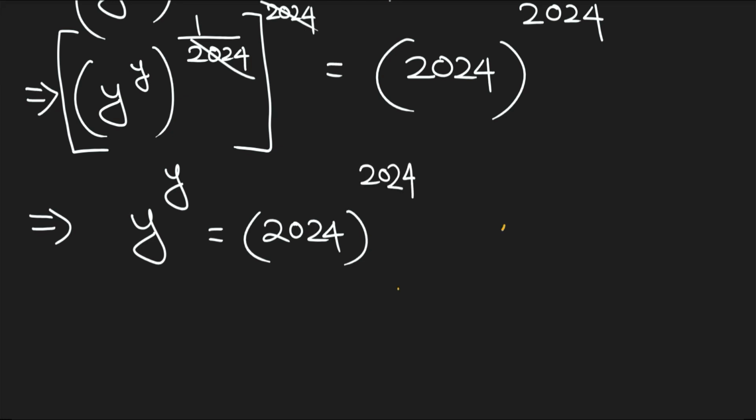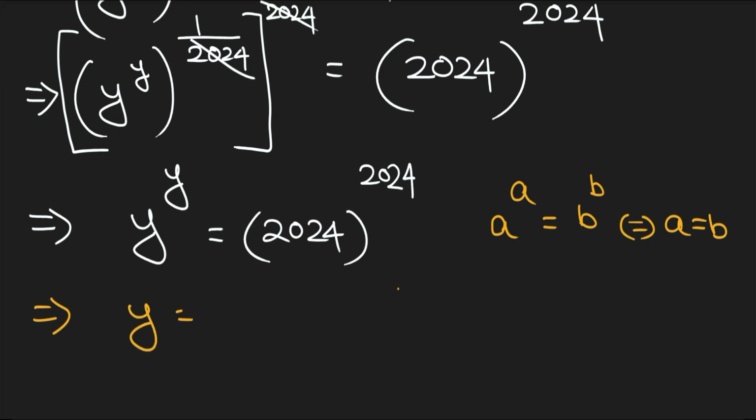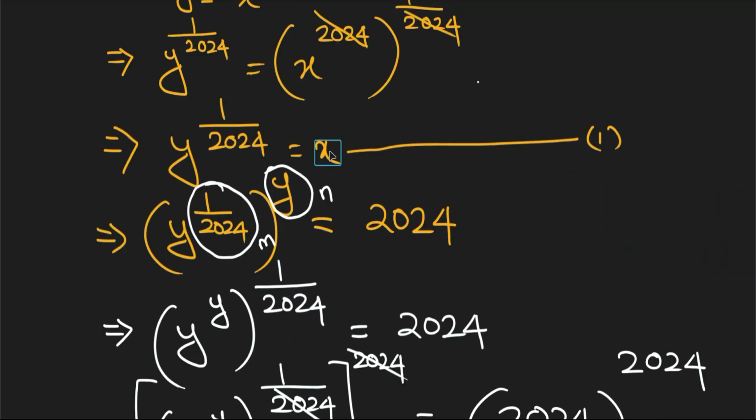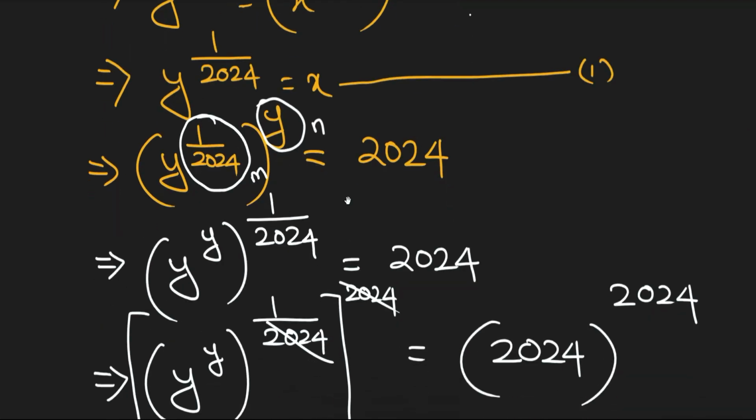As we know a formula, if a to the power a is equal to b to the power b, then we can say a is equal to b. Here we can write this as y is equal to 2024. As we know from the above equation, x is equal to y to the power 1 by 2024.